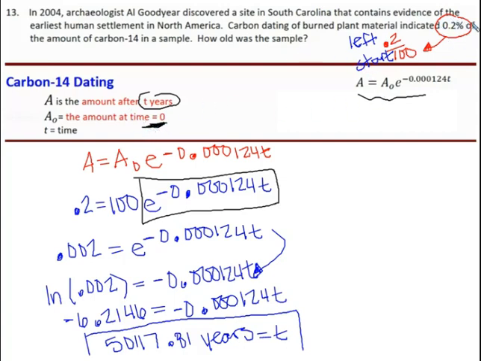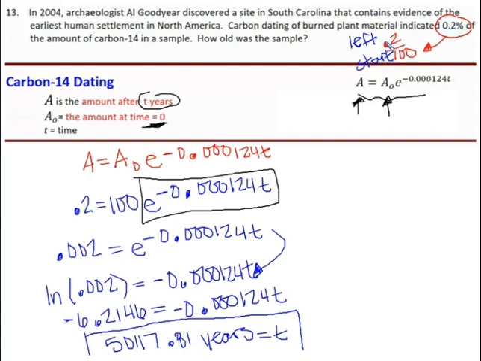So we had to use this information of 0.2% to help us figure out those A pieces. This is 0.2% of the carbon that was left over. We can write 0.2% as a fraction; since it's a percent, we can put it out of 100.